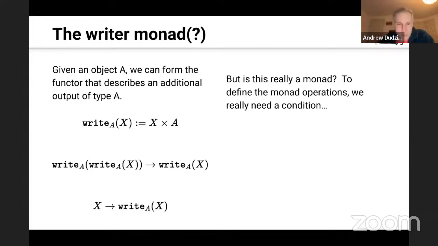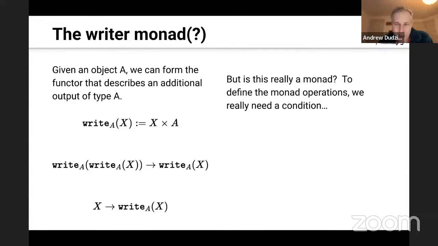It just multiplies any type by A. In other words, it takes a type and returns the type of pairs, one from X and the other from A. So the point is that a Kleisli arrow for this is really about returning an extra thing of type A. But can we really make this into a monad? There's some condition that we're missing for this to actually be a monad.